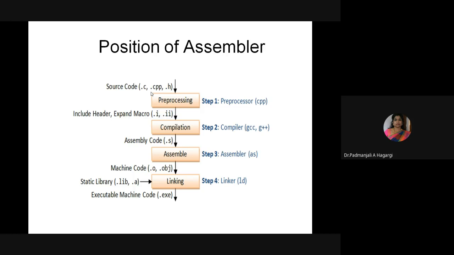Suppose in a program the add is called 4 number of times. Assume that the add is a function. It is called 4 number of times, but for different operands.